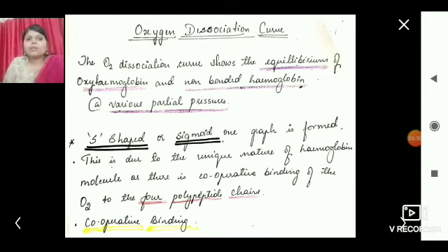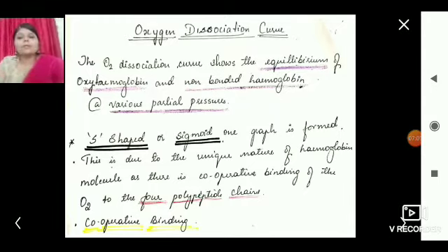There is another process that is going to happen, and that is the cooperative binding. What do you mean by cooperative binding? It simply means that the first oxygen molecule increases the affinity of the hemoglobin for oxygen, making it easier for the next oxygen molecule to bind.